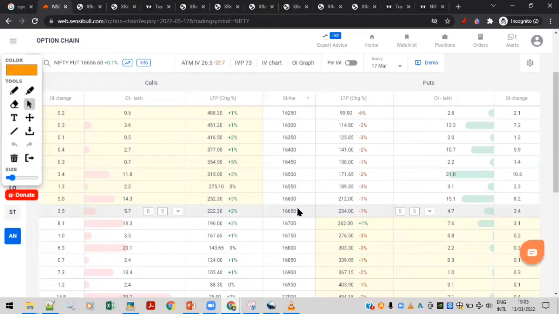In the money strikes you can use on an intraday basis, but don't go too deep. If it is 16,650, better to stick with the 16,500 in the money call, and the 16,800 put. So this is how you select the option strikes.